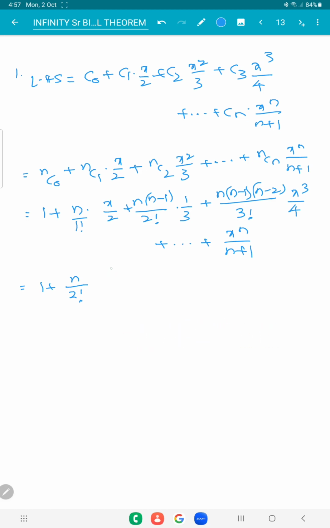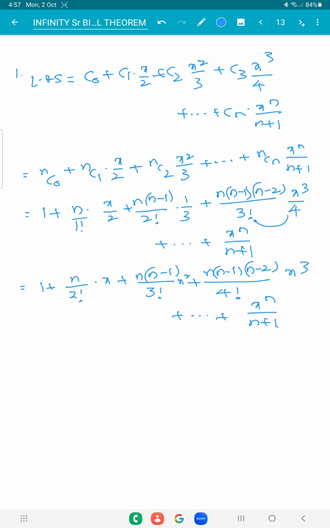So that's why I am writing this one as x as it is, plus this is n into n minus 1 by 3 factorial, because 3 into 2 is 3 factorial. Next one, can you guess that? n into n minus 1 into n minus 2 by 4 into 3 factorial is 4 factorial x cube. Here I forgot to write x square. Last term is x power n by n plus 1.